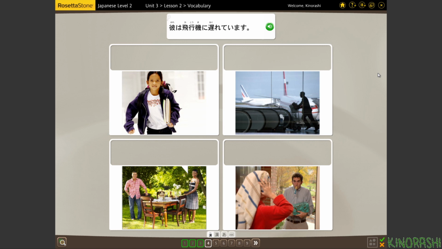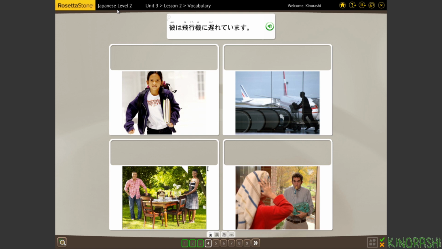彼は飛行機に遅れています。Hikoki, I believe that's airplane and not airports, but let me check that.